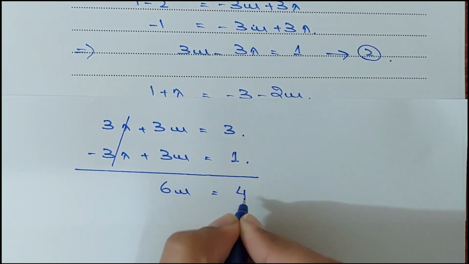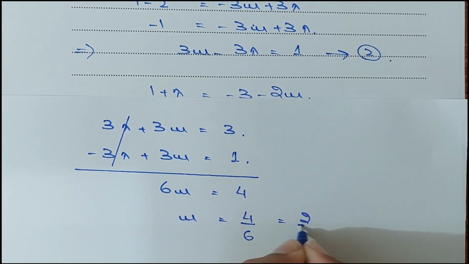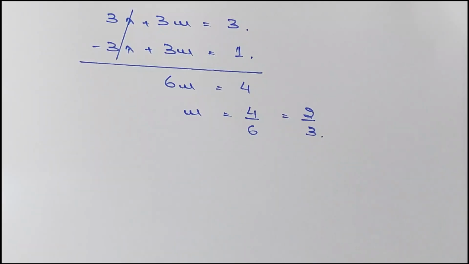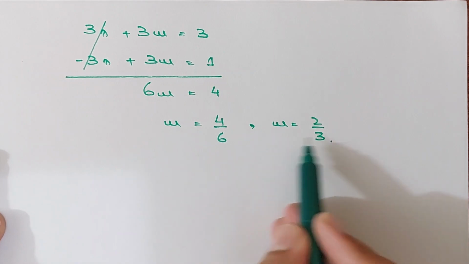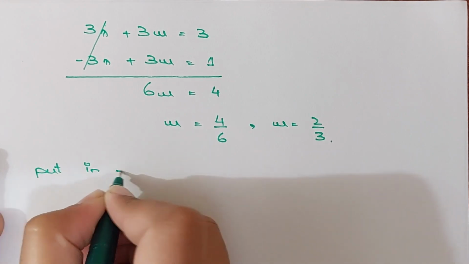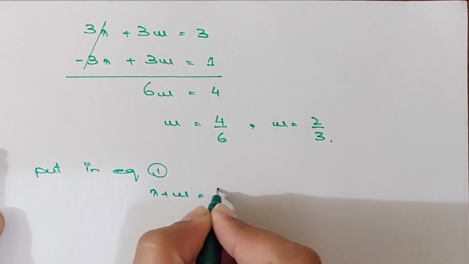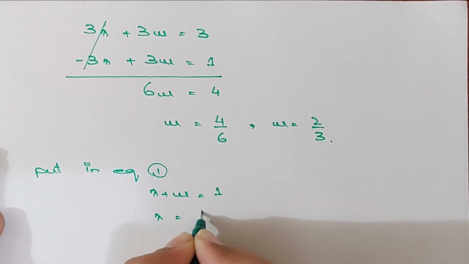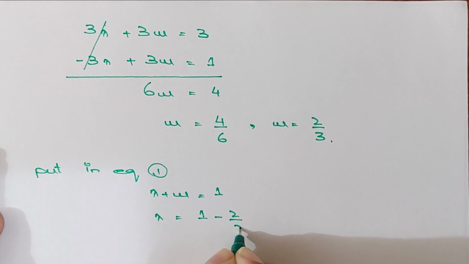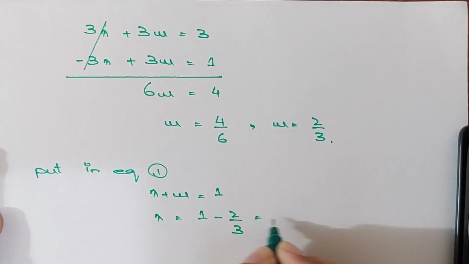So 6 mu equals 4, and mu is 4 out of 6, or 2 by 3. Now substitute mu into the first equation: lambda equals 1 minus mu, that is 1 minus 2 by 3, which is 1 by 3. So lambda is 1 by 3 and mu is 2 by 3.